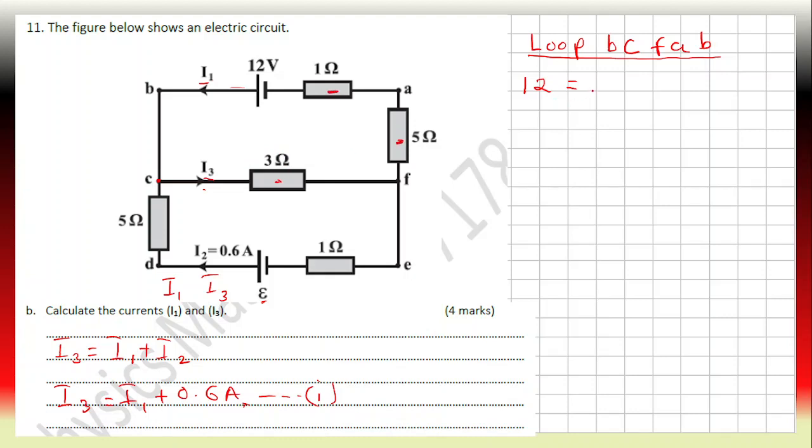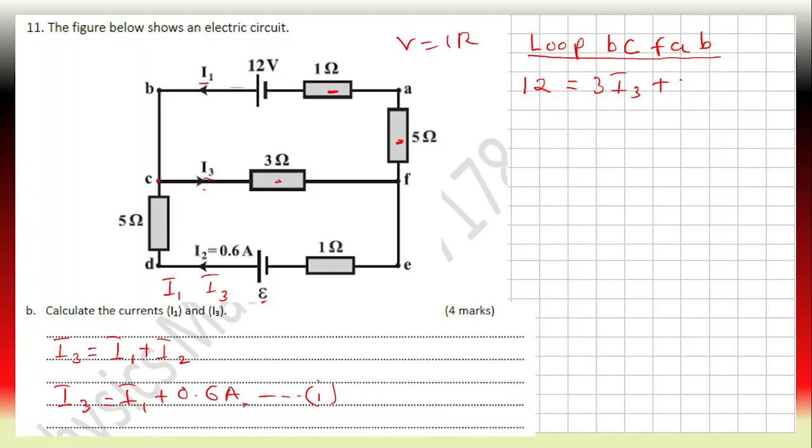What is the voltage through the 3 ohm resistor? The voltage here will be given by, remember V is equal to IR, or R times I. So I'll have 3 multiplied by I3. I don't know I3, but we want to form an equation. So the voltage through the 3 ohm resistor will be 3 times the current.